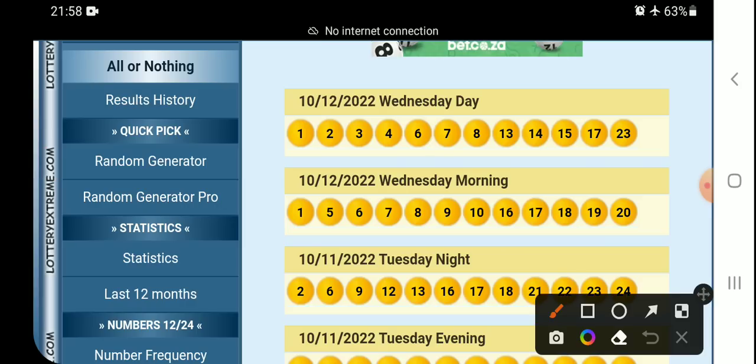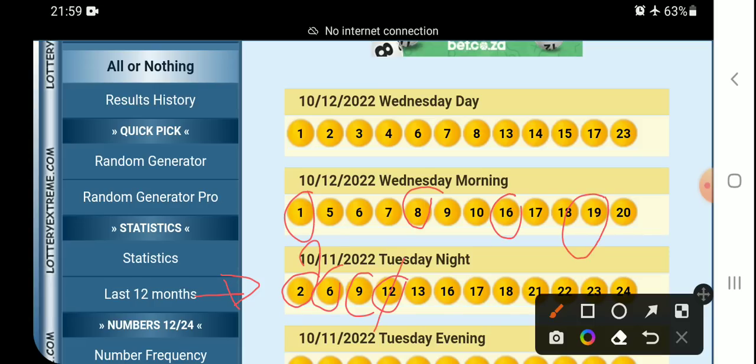Okay, I'm going to do evening. So we have got 2 and 10. 10 plus or minus 2 equals 8. 10 plus or minus 6 equals 16. 10 plus or minus 9 equals 19 and 1. 10 plus or minus 12, nothing comes.